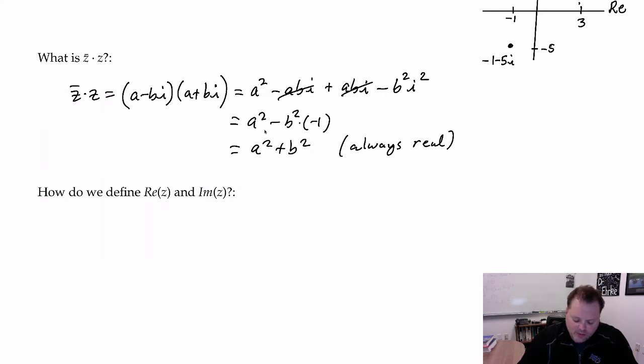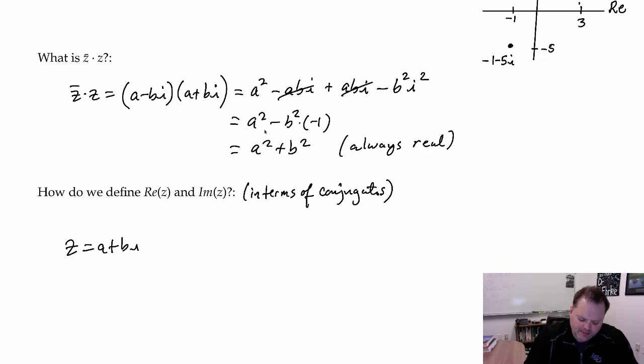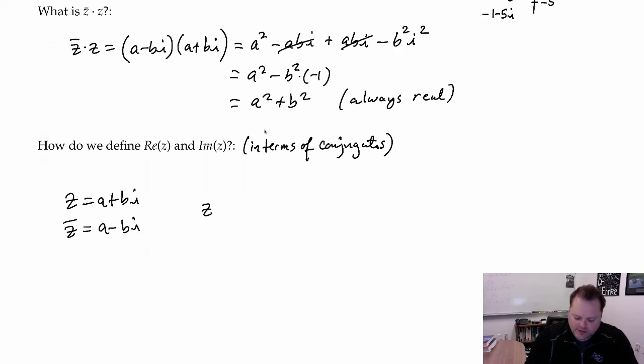So how do we define the real part of a complex number and the imaginary part of a complex number? And this should say in terms of conjugates. Well, if z is a plus bi and z bar is a minus bi, then what do you get if you take z plus z bar?